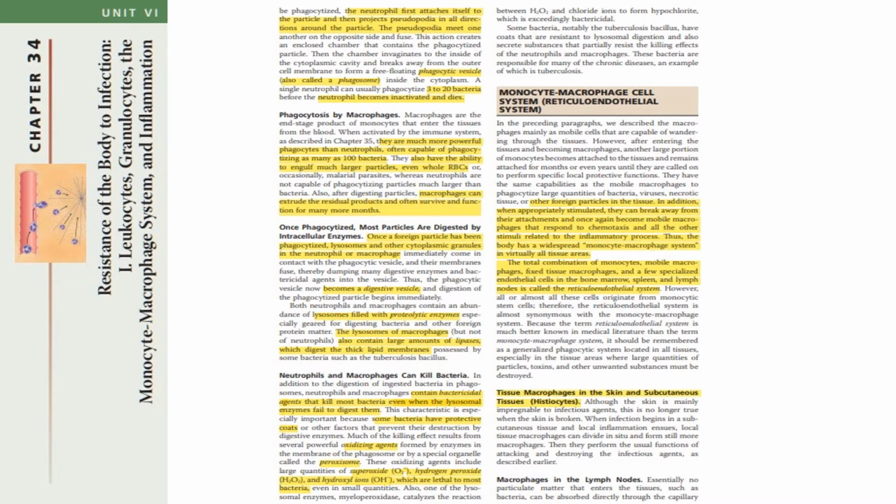Thus, the body has a widespread monocyte-macrophage system in virtually all tissue areas. The total combination of monocytes, mobile macrophages, fixed tissue macrophages, and a few specialized endothelial cells in the bone marrow, spleen, and lymph node is called the reticuloendothelial system. Tissue macrophages in the skin and subcutaneous tissue are known as histiocytes.